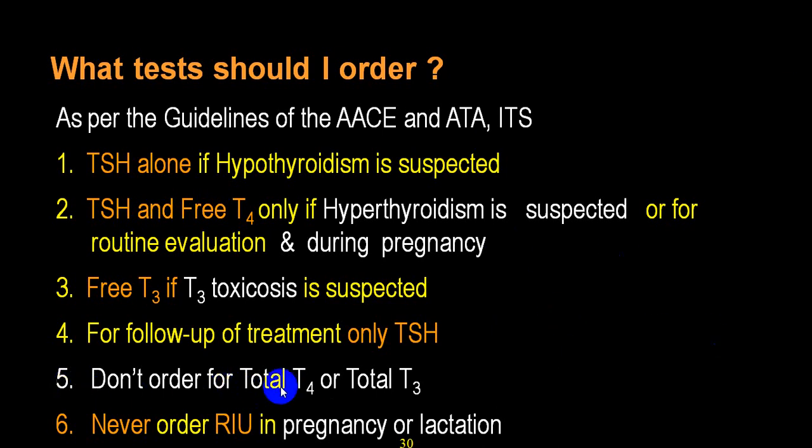Don't order total T4 or total T3 routinely, because this does not give you a good idea. Best is free T3, T4, but being costly, it is replaced by total T4 and total T3. Never order radioactive iodine uptake in pregnancy, during lactation, and also in children and newborns.